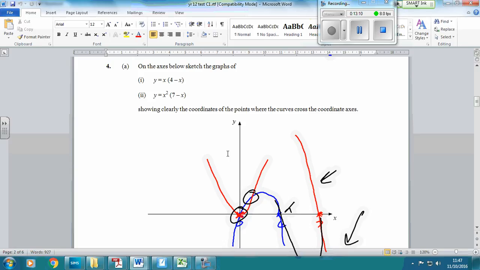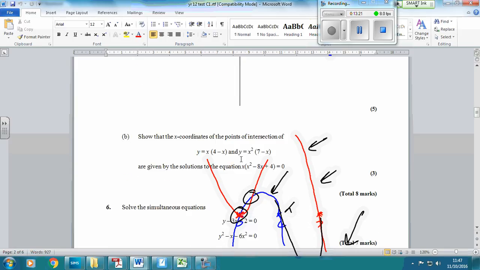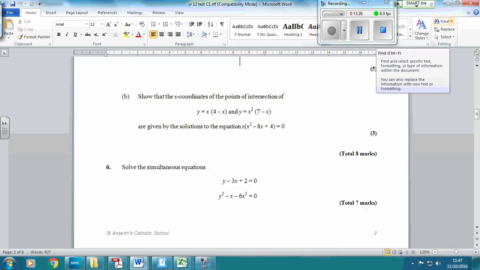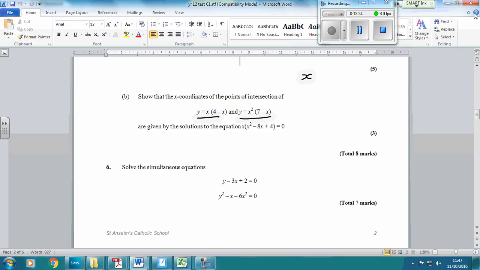The points of intersection are when this graph equals this graph. That's what points of intersection are. So to find out where points of intersection are, you set one graph equal to the other graph. So I want to set this graph equal to this graph. So I do x bracket 4 minus x, because I know that y equals this and y equals this, then this thing can equal this thing.